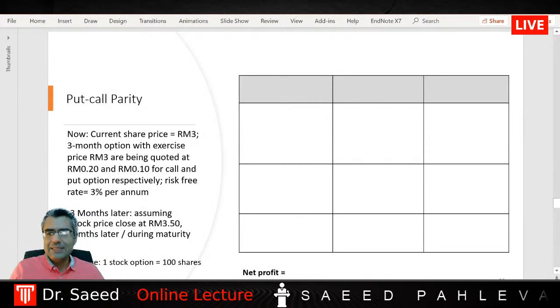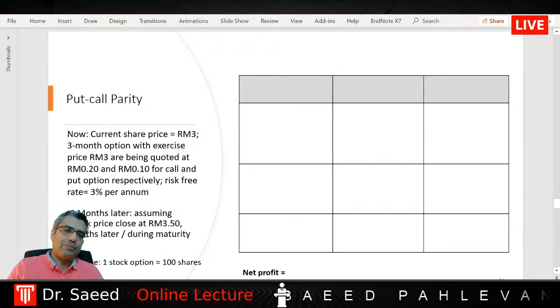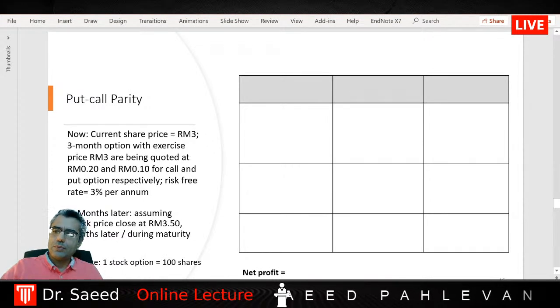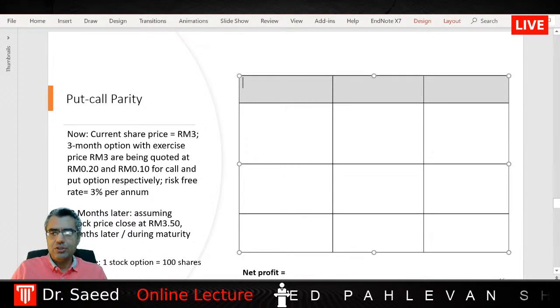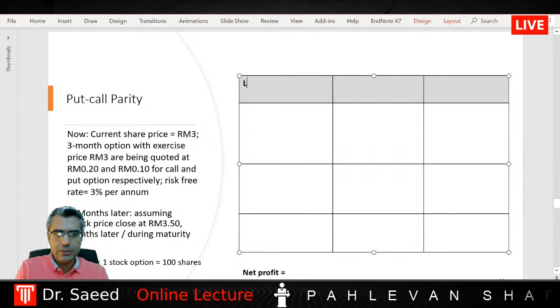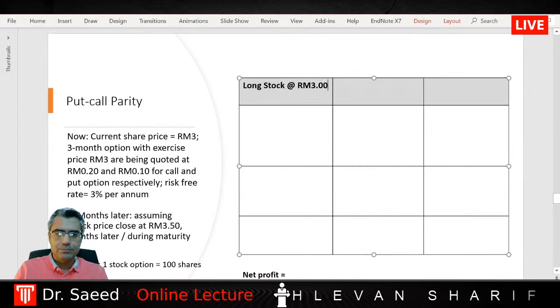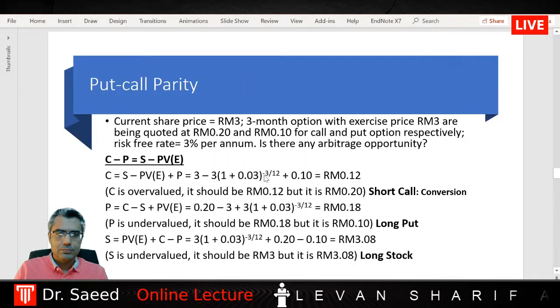Now, let's prove that it works and compute our net profit. So what we did just now for this question was, there are three strategies, right? One is we long stock at Turing it here.